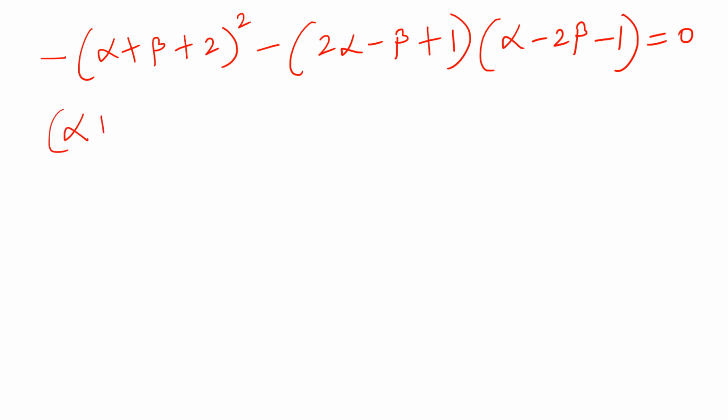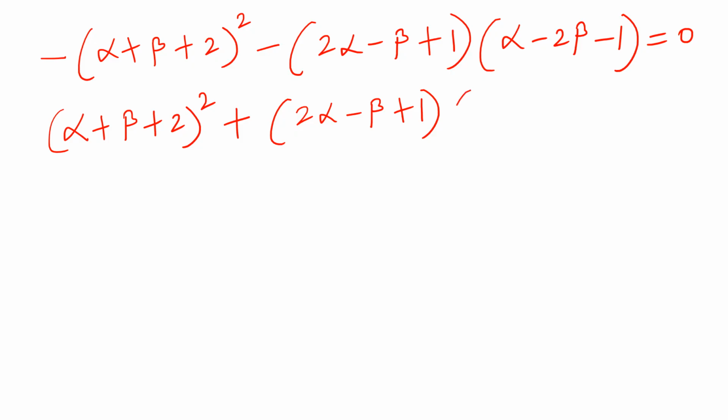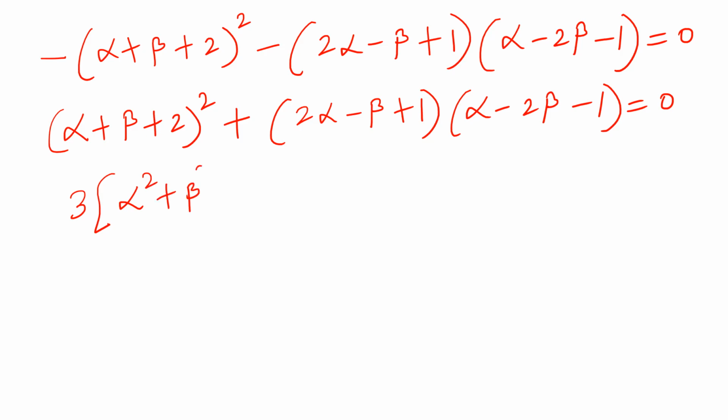Now this can further be written as alpha plus beta plus 2 whole square plus, inside the bracket, 2 alpha minus beta plus 1 into, inside another bracket, alpha minus 2 beta minus 1, and this is equal to 0. Now students, just open up the brackets by applying suitable identities and you get 3 times inside the bracket alpha square plus beta square minus alpha beta plus beta plus 1, and this quantity is equal to 0.